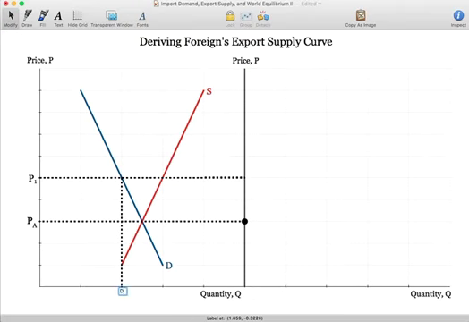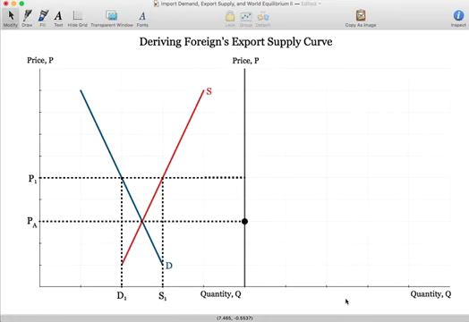So that gives us D sub 1. Let me make sure that that's the right font again for consistency purposes. All right, and we can do the same exact thing for supply. And this will be equal to S sub 1, and again, make sure that the font is the same.